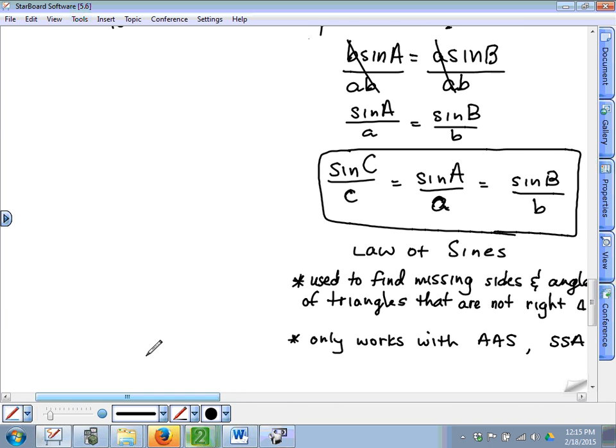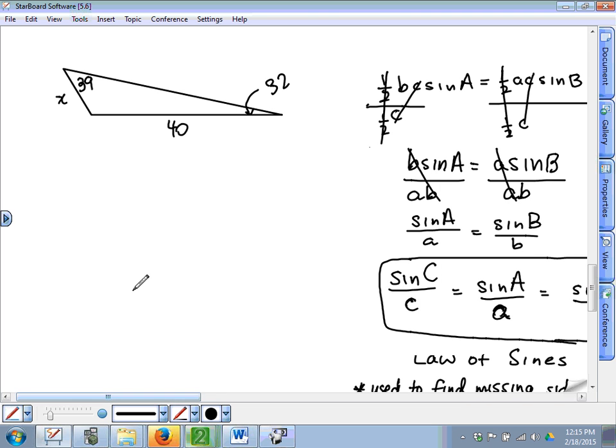So, going back to the triangle I had you draw, first of all, we probably should decide if we can even use law of sines on this triangle. Look at the given information. So this angle, and that side. What kind of triangle is this? Is it side, angle, side, angle, side, angle, side, side, side? Come on. What is this?